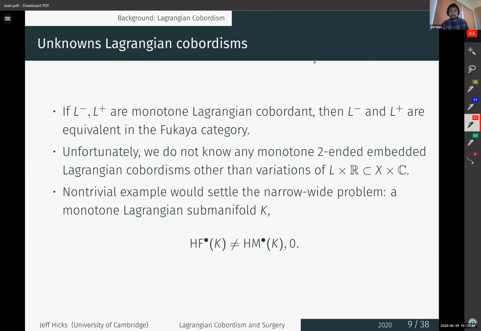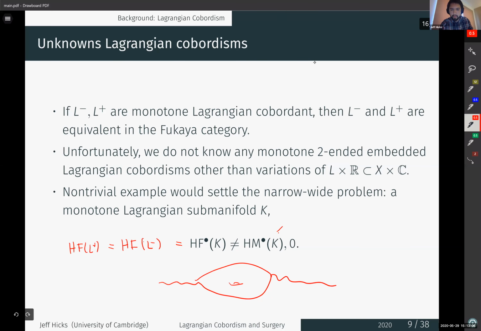So if you had a monotone Lagrangian cobordism which has some non-trivial topology, then the Floer theory of this would have to be equal to the Floer homology of its left end, or the Floer homology of its right end. But the Morse homology would certainly not be equal to the Morse homology of either end. So finding one of these examples would be very exciting.